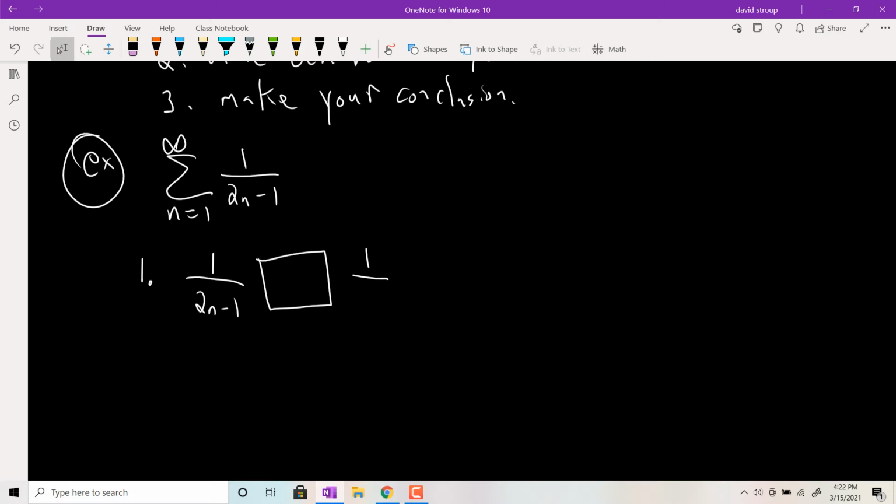So on the other side, you're just going to write 1 over 2n. And then hopefully you'll know the convergence or divergence of the series that has those terms. So we're going to say that 1 over 2n minus 1 is compared to 1 over 2n for n greater than or equal to 1, I believe. Okay, so is that true?